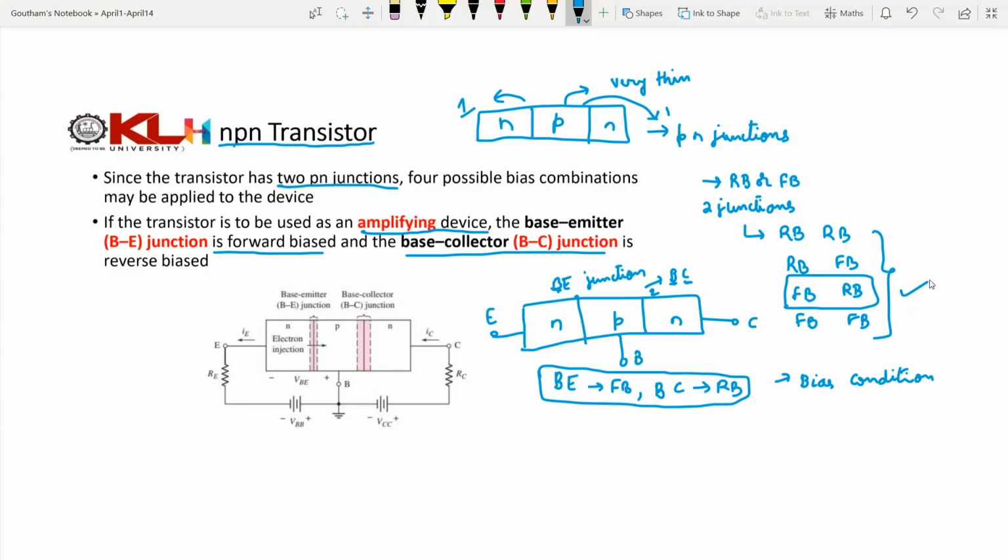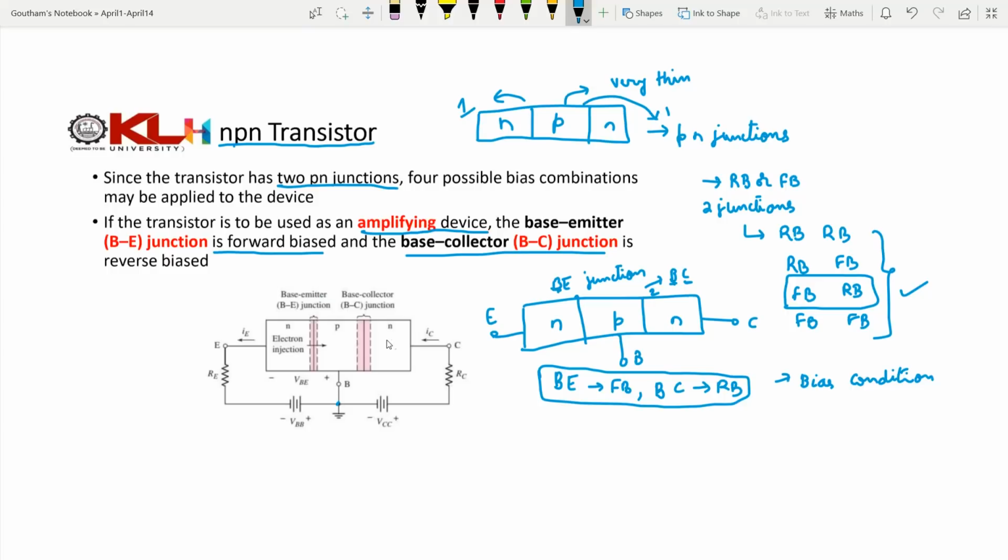See here, the P type is connected to ground, and the N type or the emitter is connected through this resistor to some negative potential. So this PN junction is forward biased.